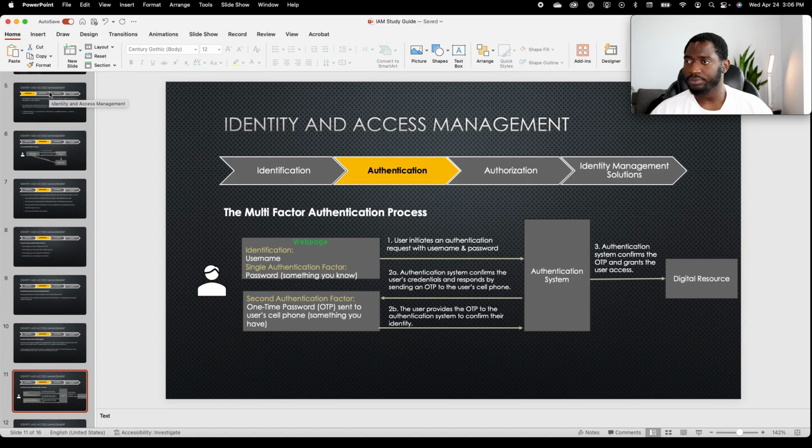So in this scenario, let's assume that the secondary factor of authentication that the user registered at the point of registering their identity was their cell phone. And the process here is when you initiate an authentication request with an authentication server or system, it's also prompting you to provide a one time password that has been sent to your secondary authentication factor.